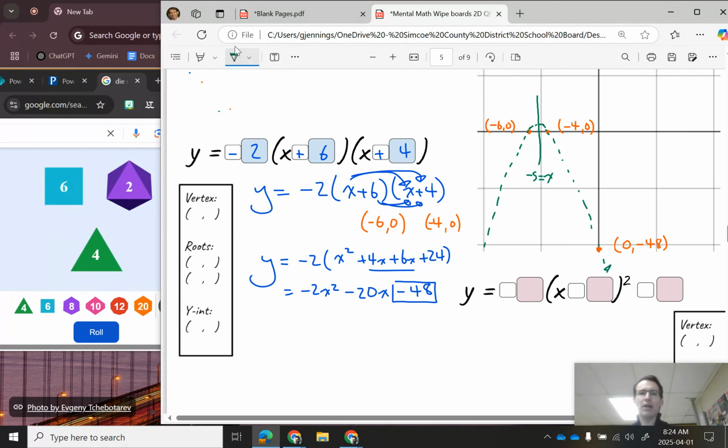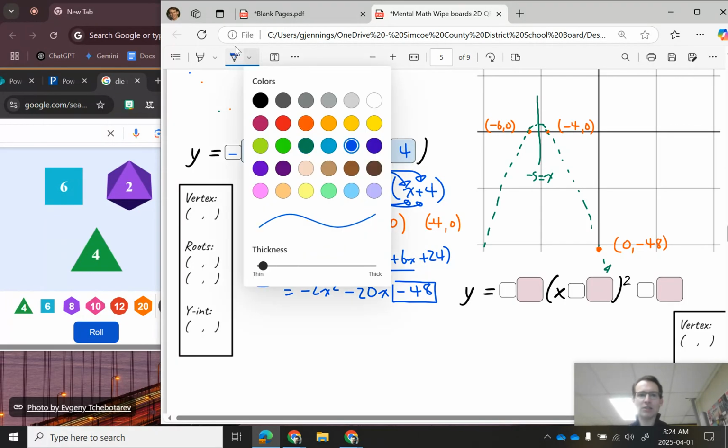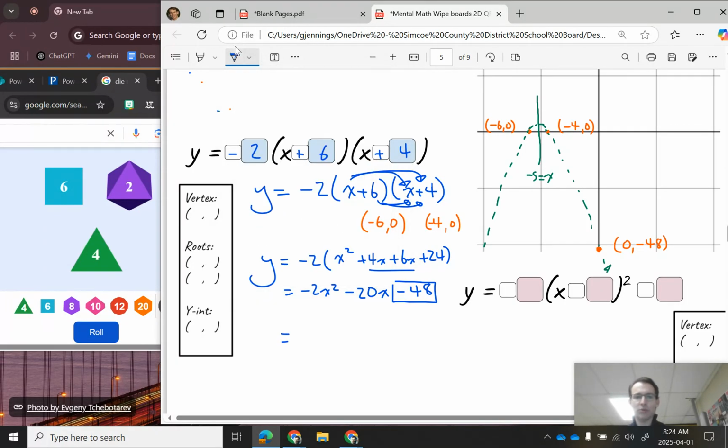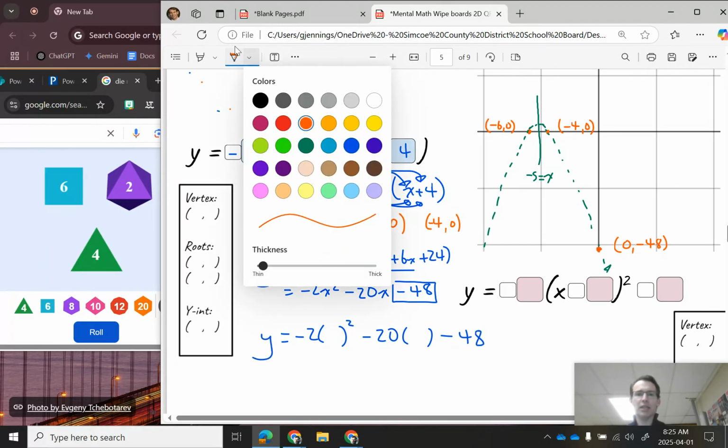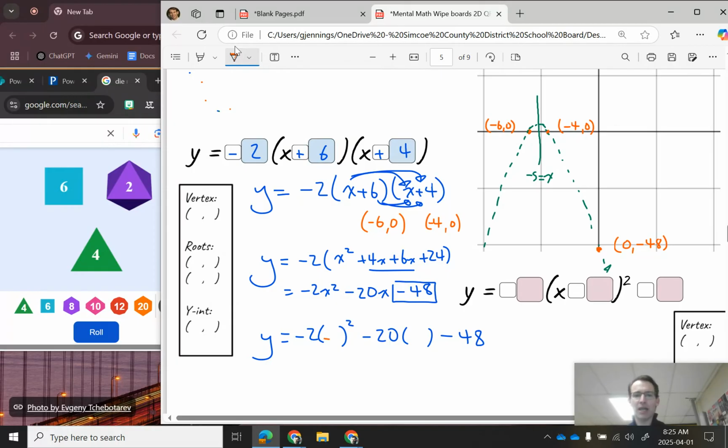So we can just evaluate this quadratic at the axis of symmetry. Let's do that. So this is equal to minus 2, minus 20, minus 48. That's the value of y, but I'm particularly interested in when x is minus 5.